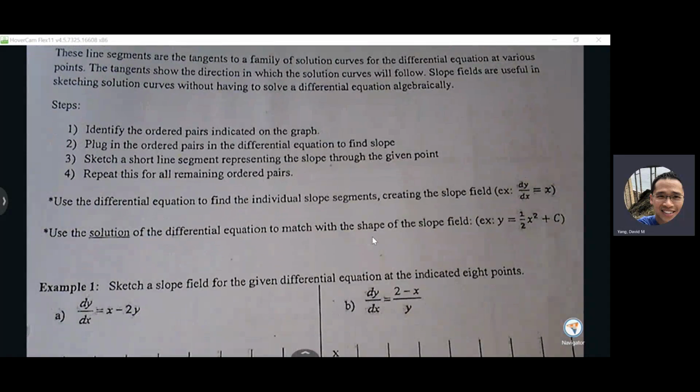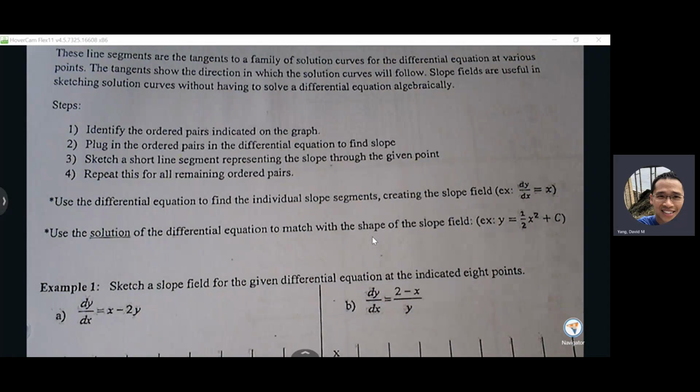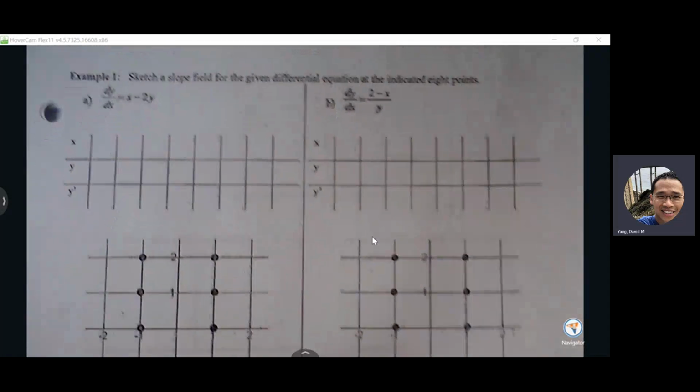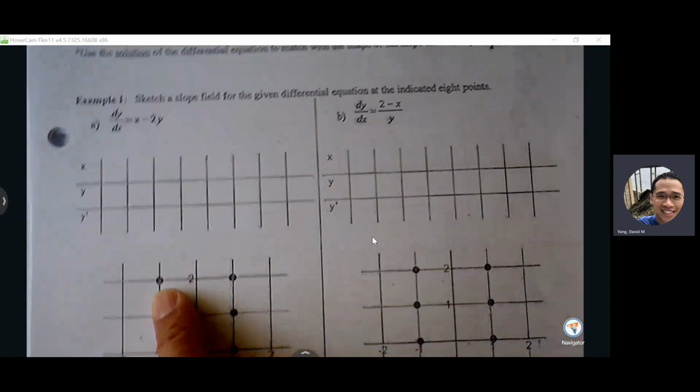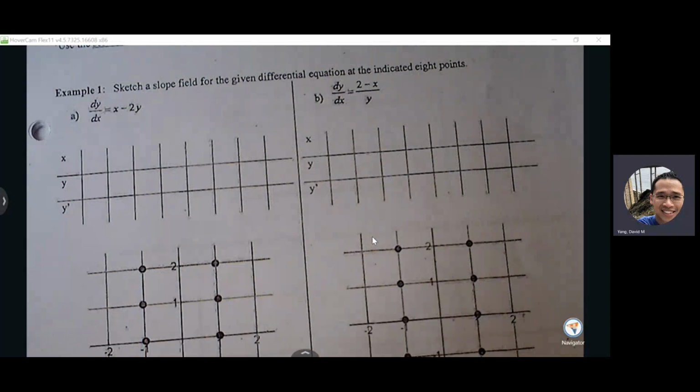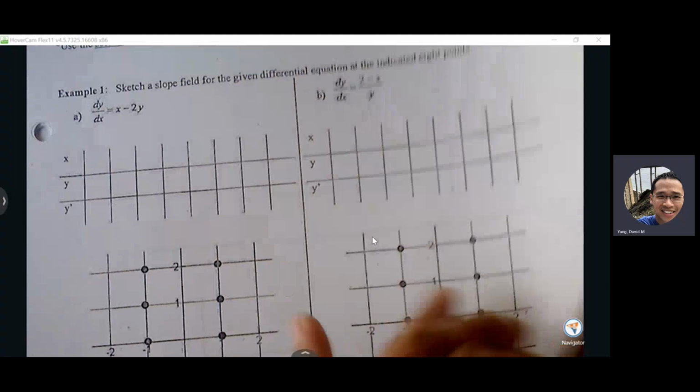The ones that we create are only going to be at a few ordered pairs, so you're not going to see the full visual picture. So there are two types of problems. There are easier ones where you just have to create enough of the slope field to demonstrate that you know how to create one. And then there are ones that you're not really creating because it's just too crazy.